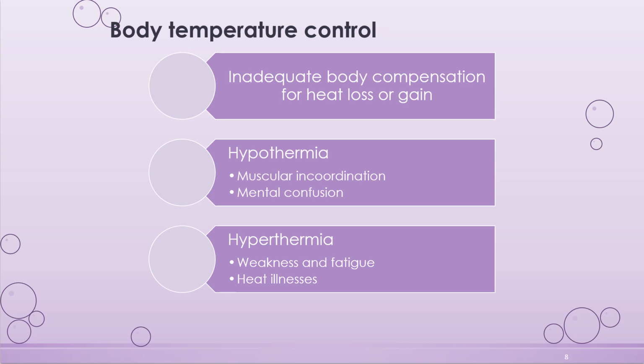Hyperthermia, on the other hand, occurs when the body's heat production exceeds its ability to dissipate heat, leading to an abnormally high core body temperature. Hyperthermia can be caused by exposure to high environmental temperatures, strenuous physical activity in hot conditions, or a malfunction in the body's temperature regulation mechanisms. Heat exhaustion and heat stroke are examples of hyperthermia.